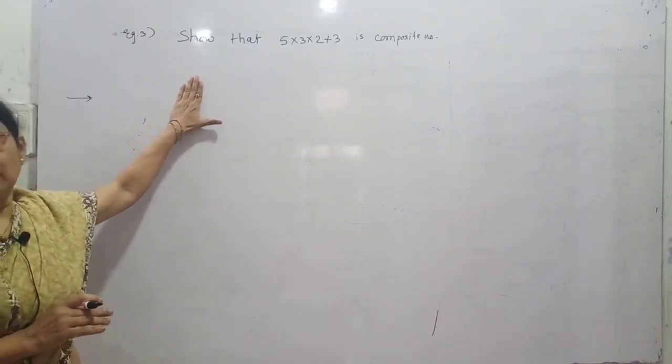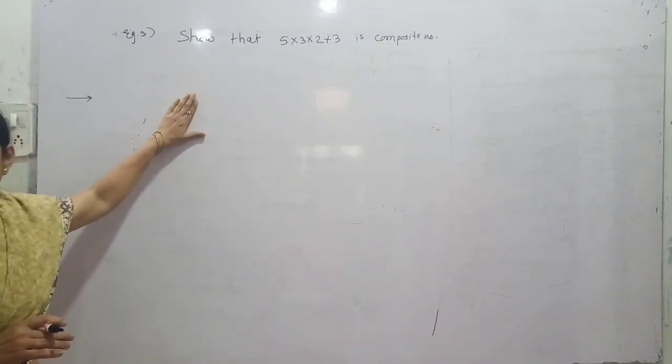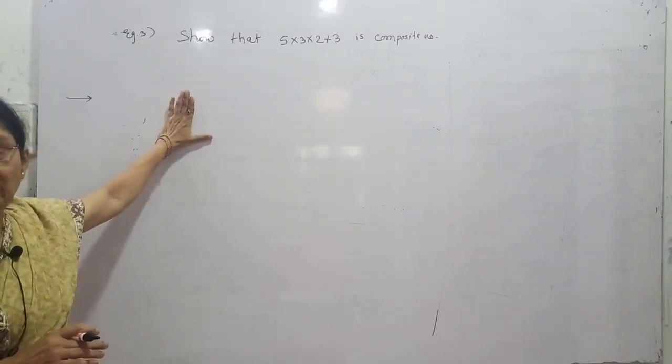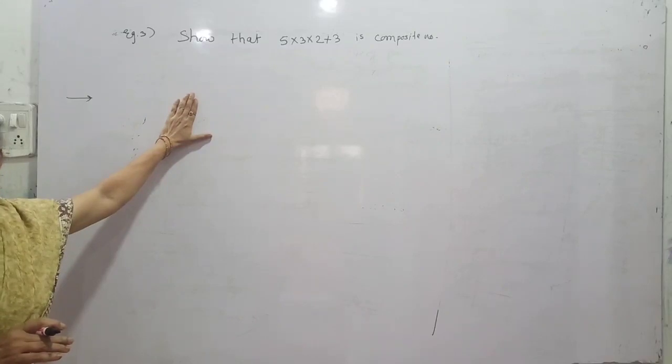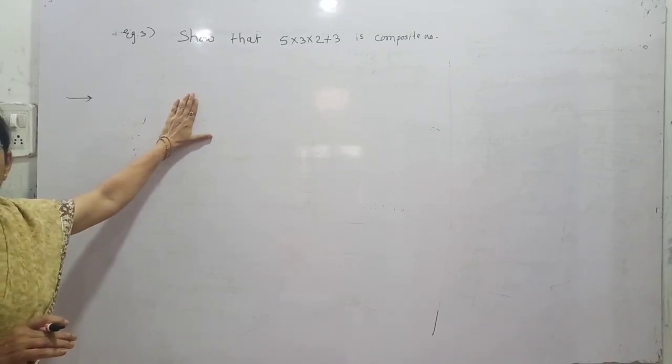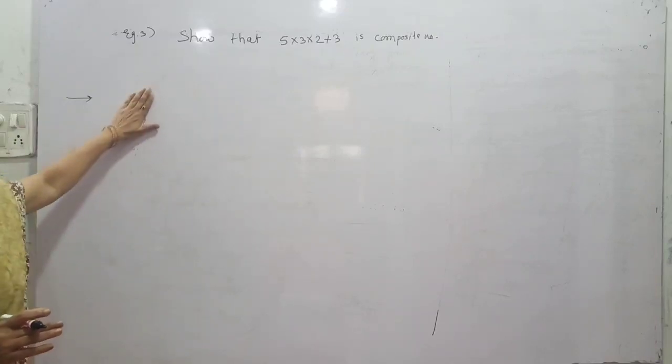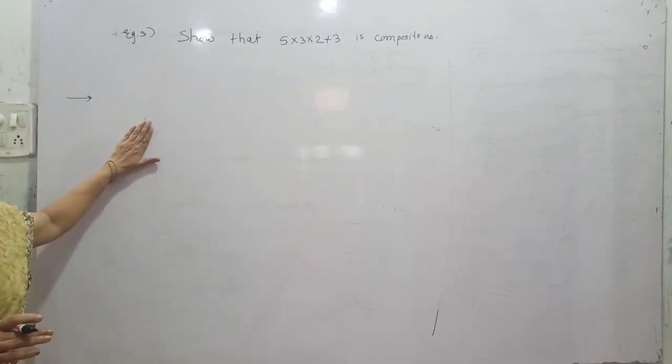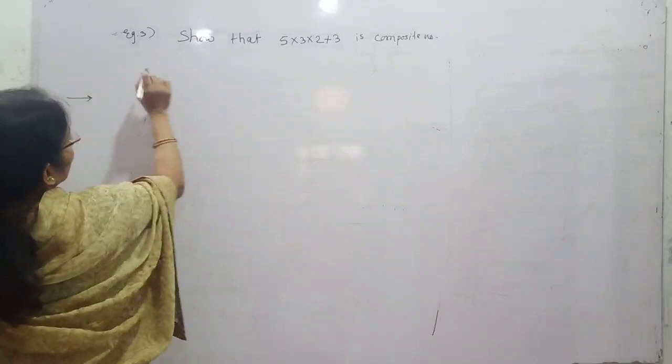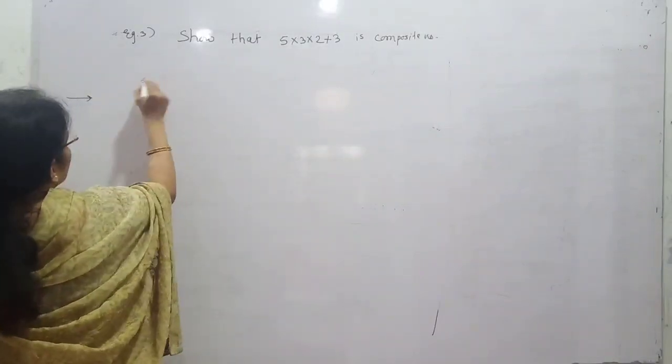Composite number, the number which has factors other than one and itself, or you can say when it is divisible by any other number, it is called a composite number. So you have to show this is a composite number.